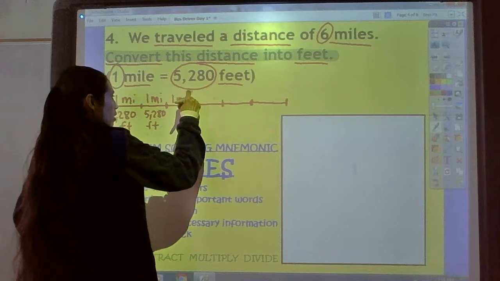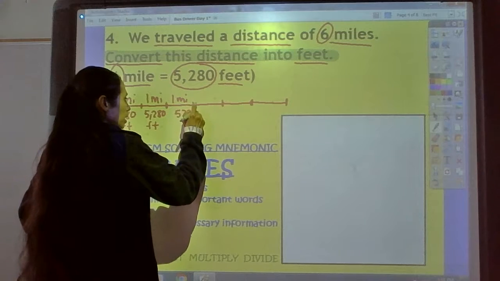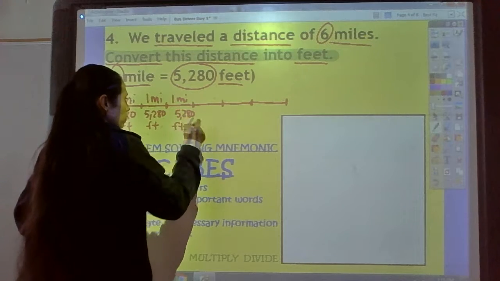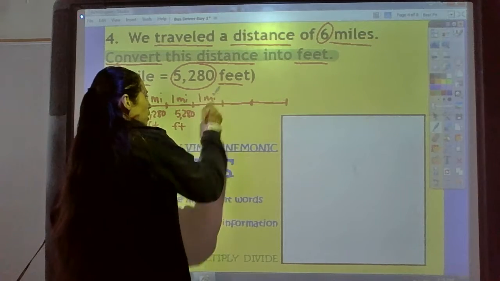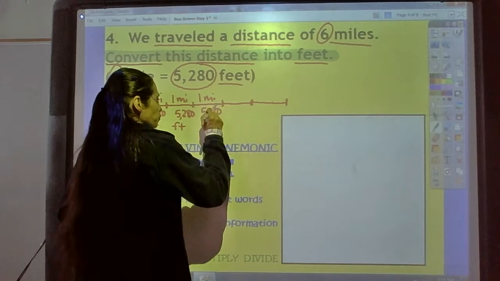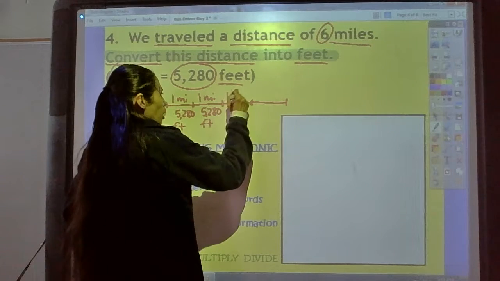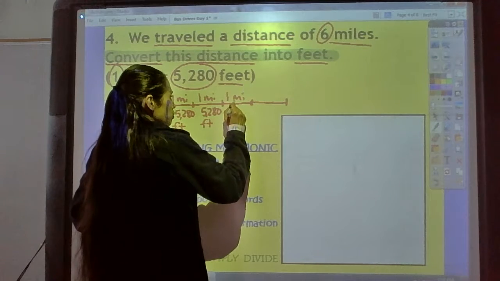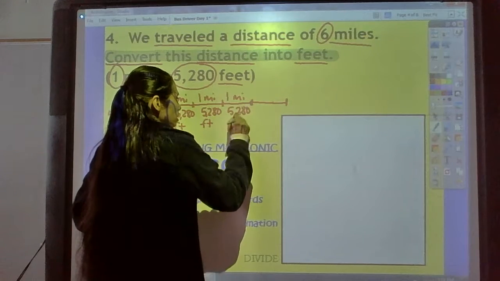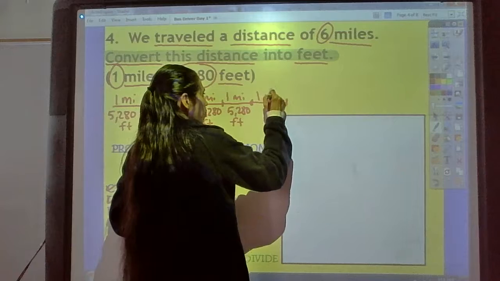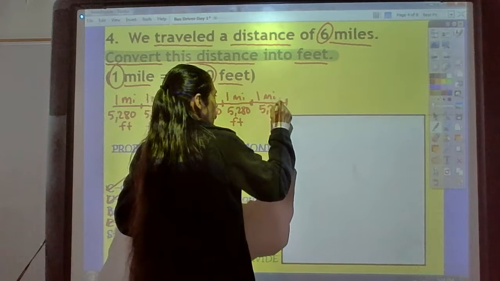The next mile is 5,280 feet. 1 more mile is 5,280 feet. 1 more mile is 5,280 feet. And 1 more mile is 5,280 feet.